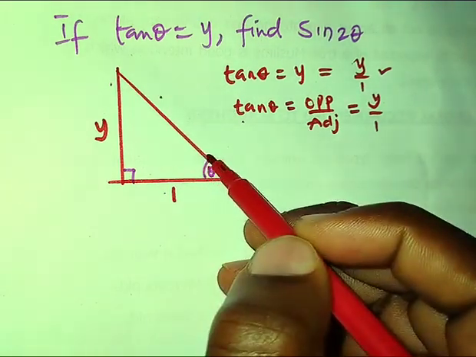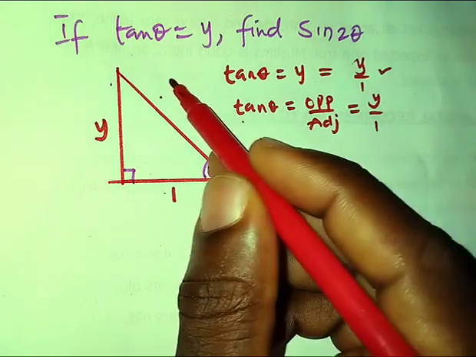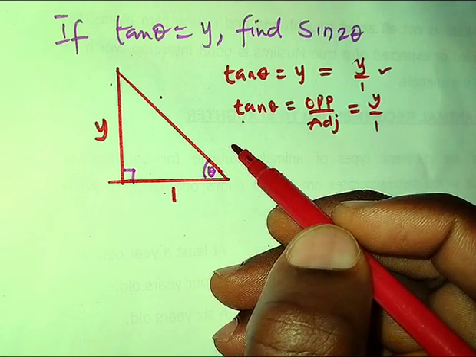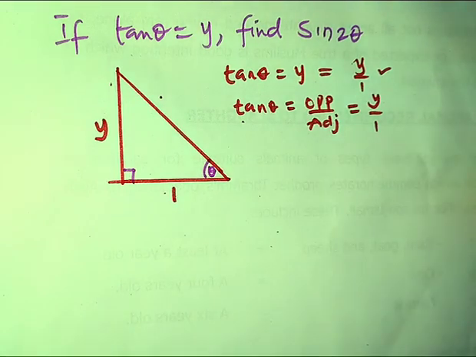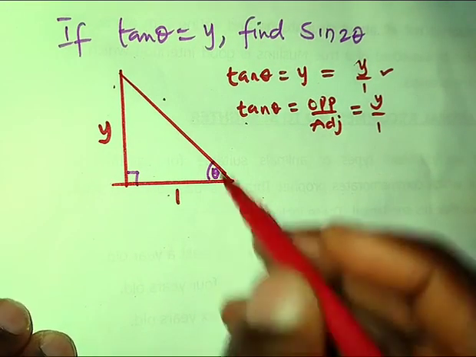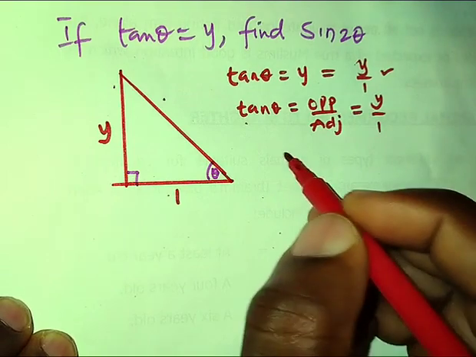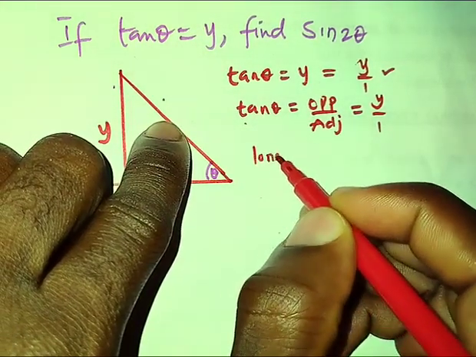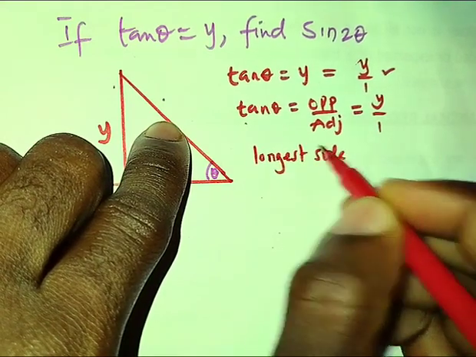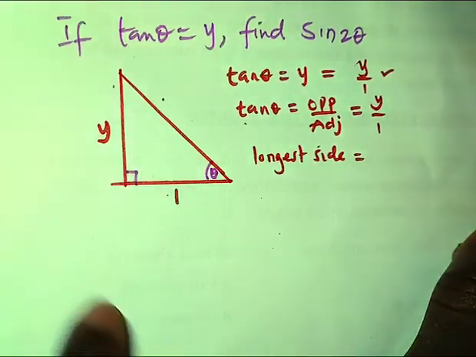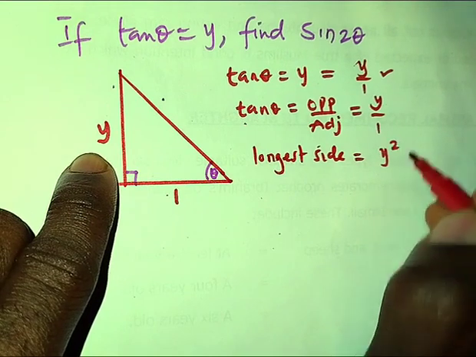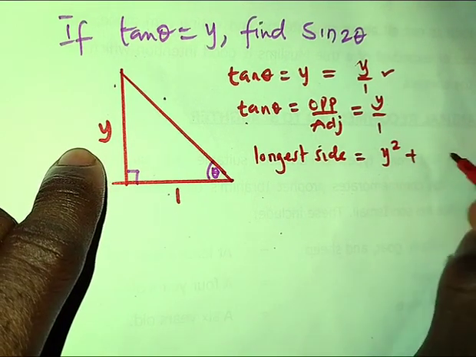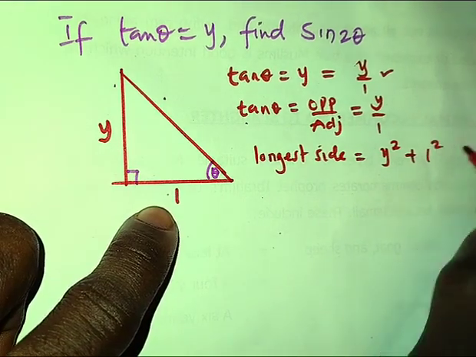The next thing for us to do is to look for the value of the longest side, and we are going to find this longest side expressed in terms of y. To get it, we are going to use the Pythagoras rule: the longest side squared is the square of the opposite plus the square of the adjacent.